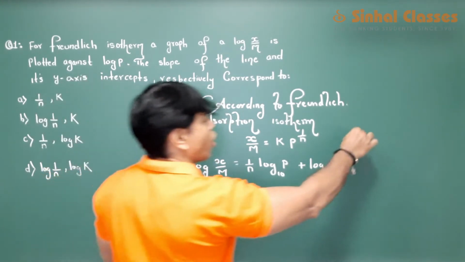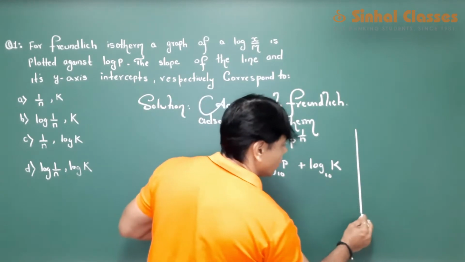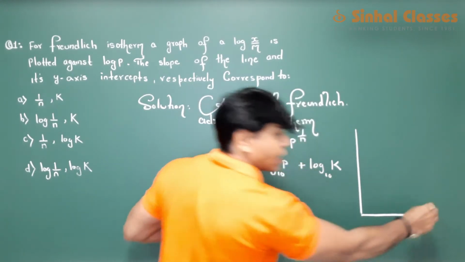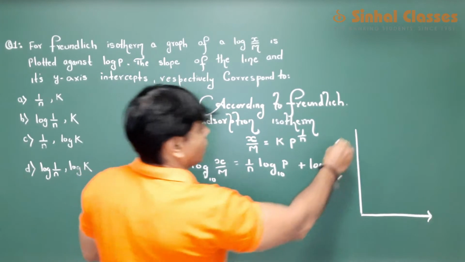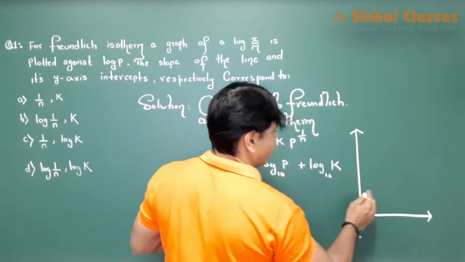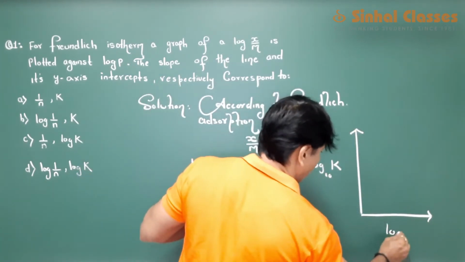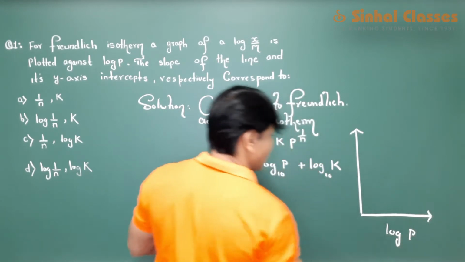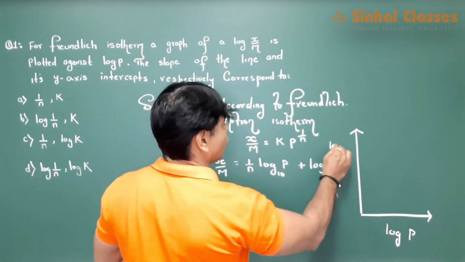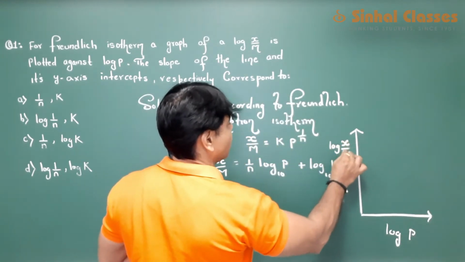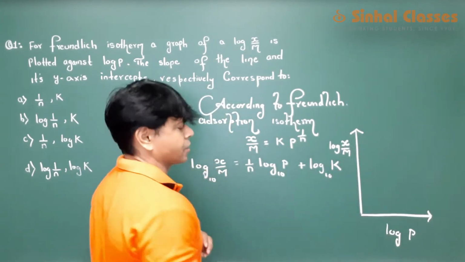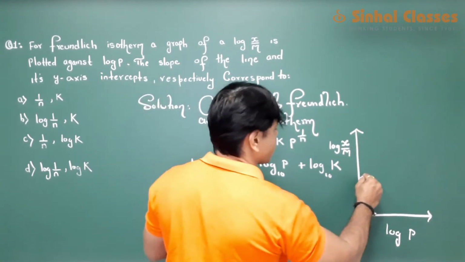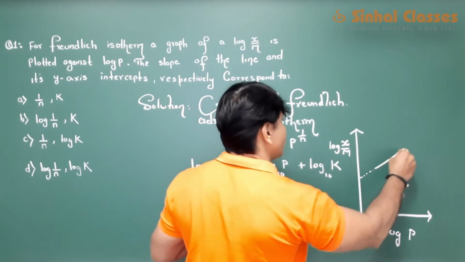Now, when we plot the graph of log p on the y-axis and log x upon m on the x-axis, the graph which we get is a straight line.